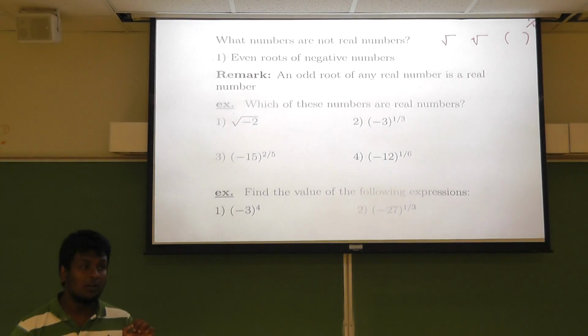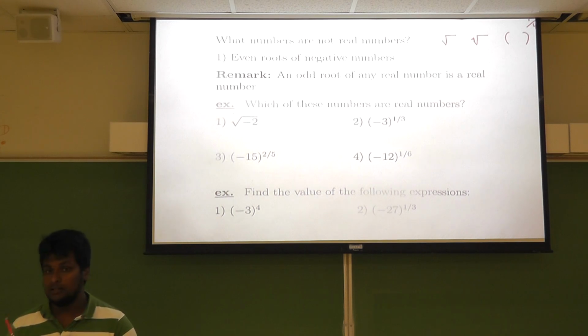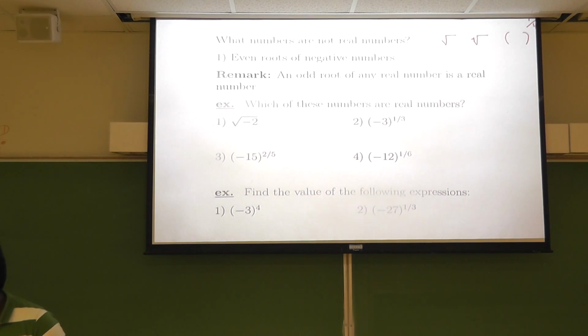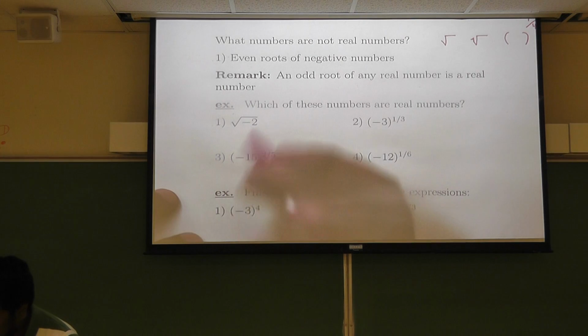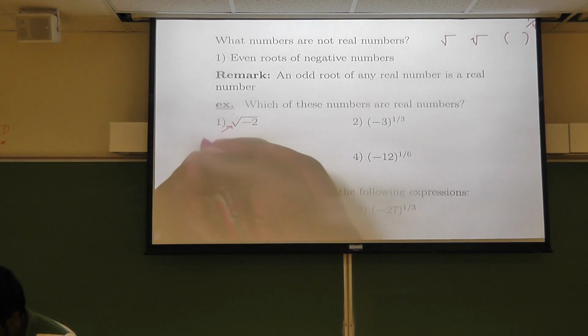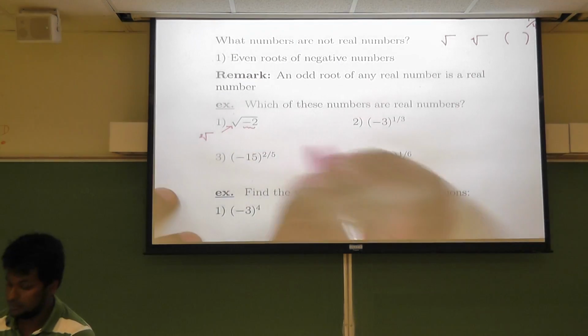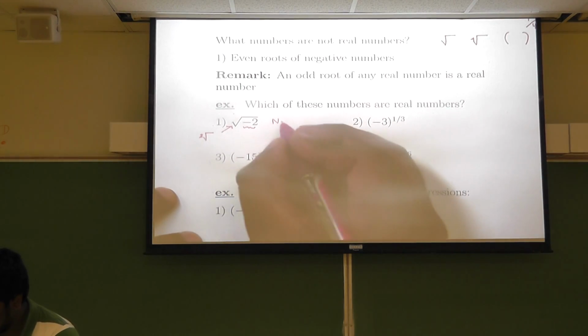So that would be the only clue that you can see and understand, well, this is not a real number. So for example, this one right here, it's an even root, it's a square root. We don't write this 2 here, and it's a negative number, therefore it's not a real number. So that's not real.